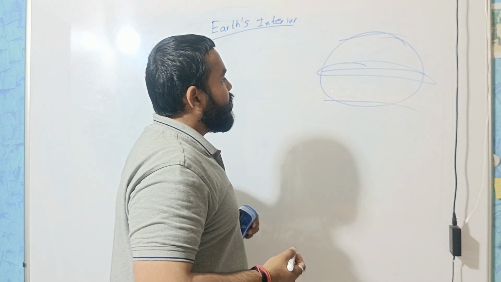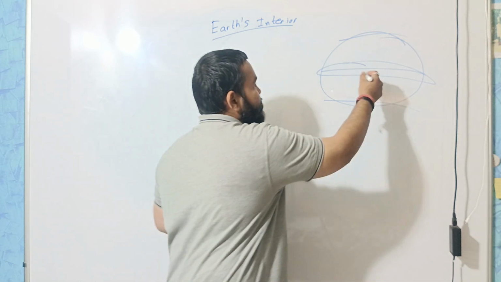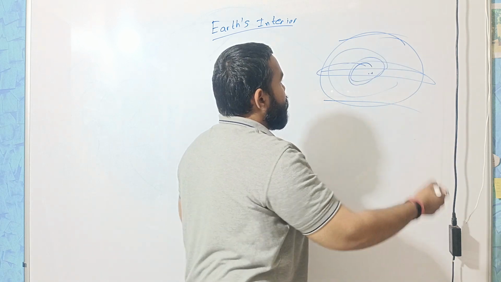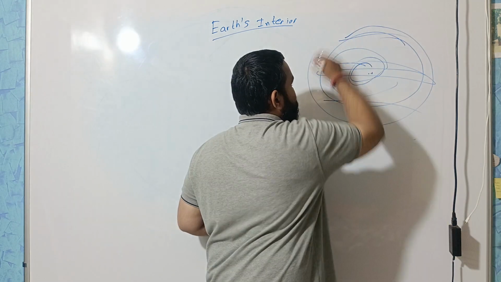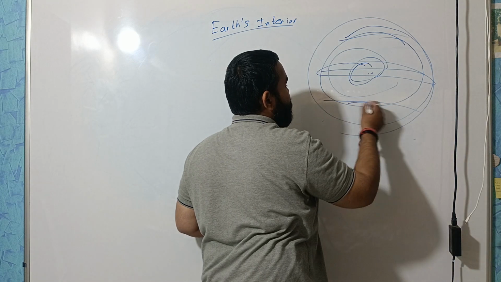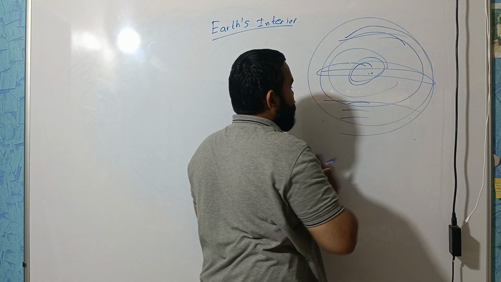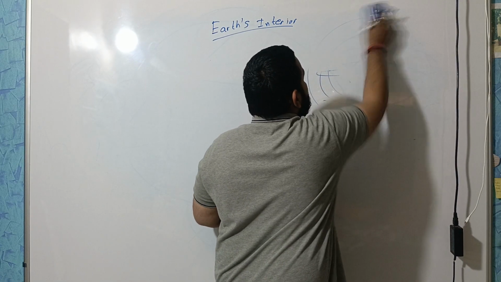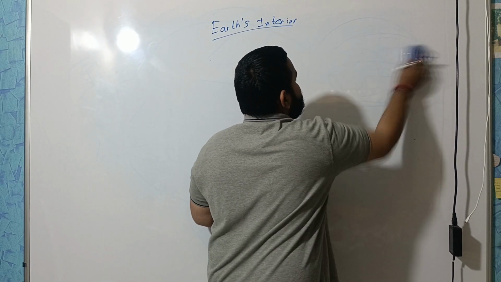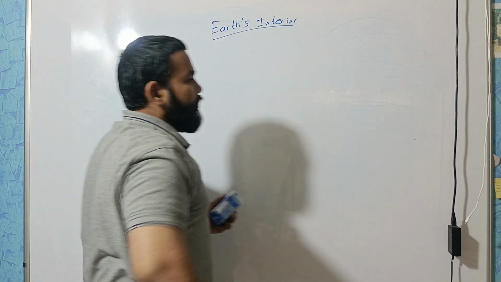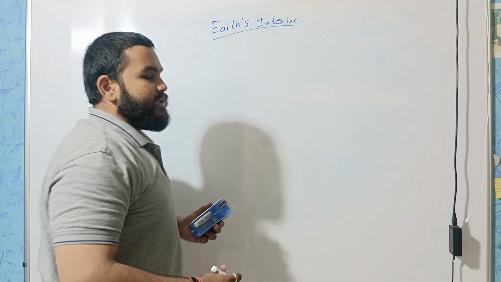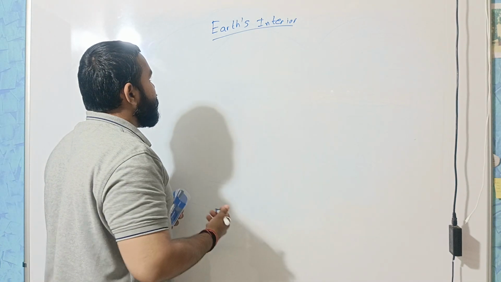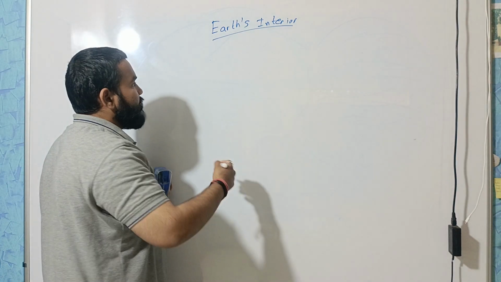But do we know what the inside of the Earth looks like? Because we live on the surface. This is the lithosphere, atmosphere, correct? So we have to study the Earth's interior with respect to some experiments, and we have to show evidence also. So let's take a journey to the Earth's interior.